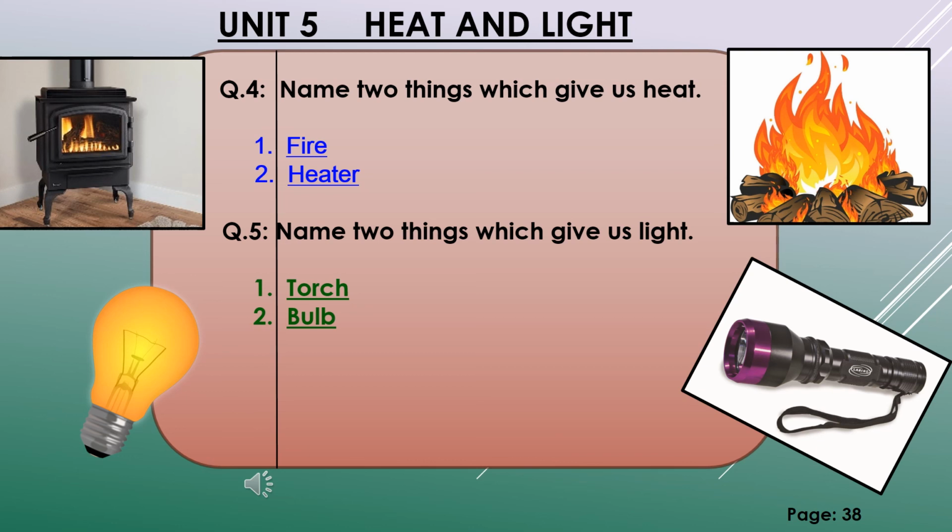So you can also draw or paste the pics of the things you are writing to make your work beautiful and colorful. I am repeating, two things which give us light are torch and bulb.